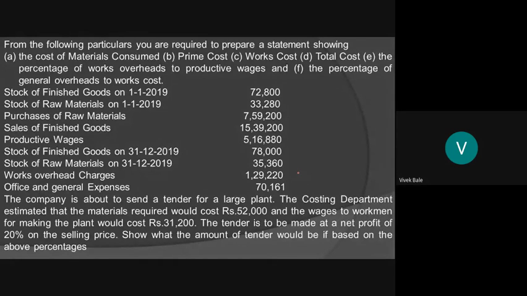These two percentages are important because we have only two things, material and labor. With these percentages we can calculate the works cost and the administrative cost, and then calculate the tender price. Okay, is that clear?